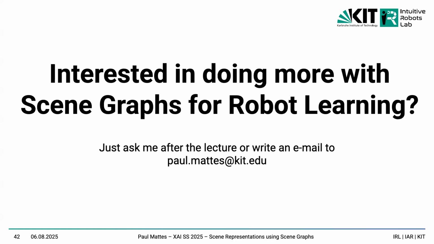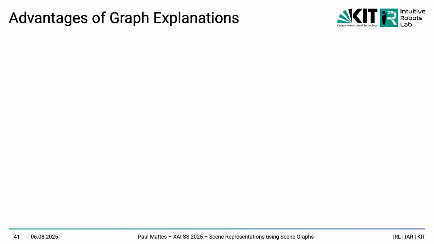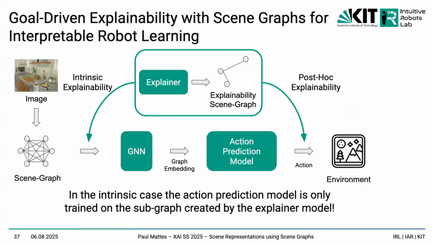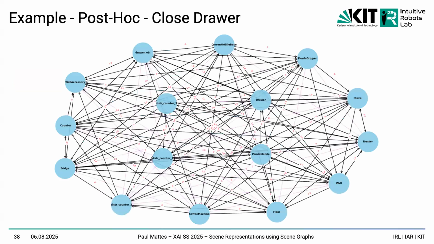For an explainer, we're basically using the same graph, but we somehow made some nodes more important to pay attention to. So for the post-hoc example, the explainer tries out different subgraphs of our graph.